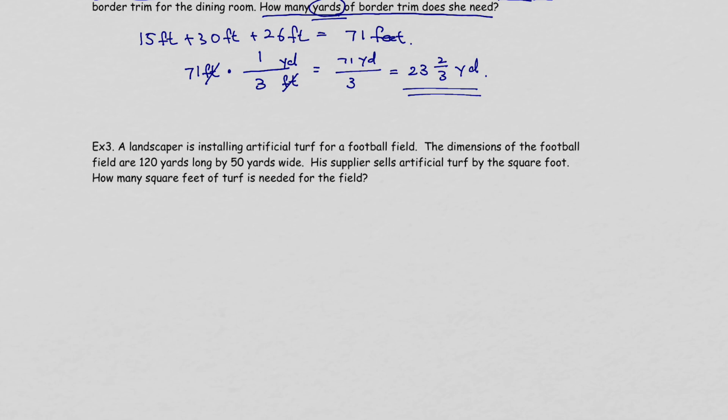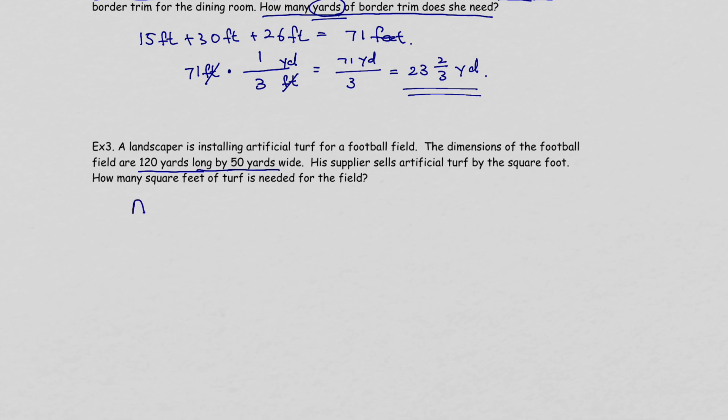Okay, so then once you read the problem, you kind of understand that a landscaper is trying to put the artificial turf, and the dimension of the football field is going to be 120 yards by 50 yards. In order to put artificial turf on this dimension football field, you need to be able to find out the area first.